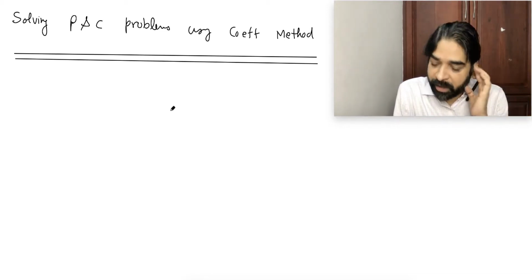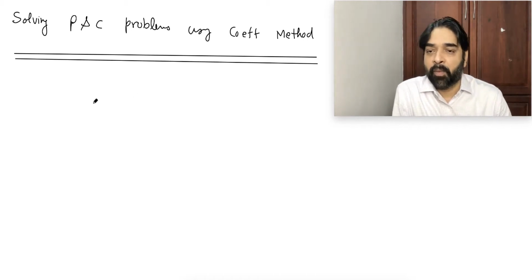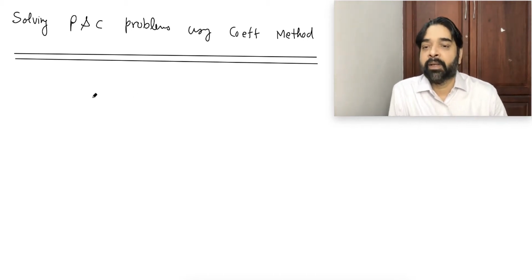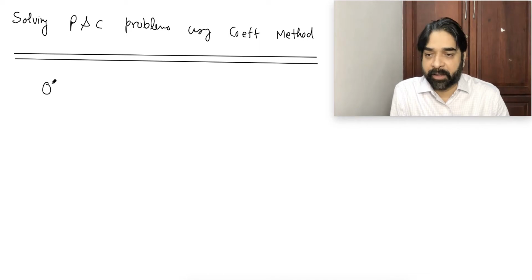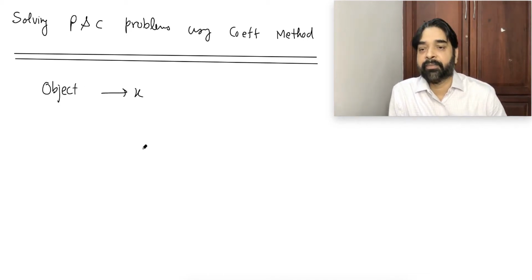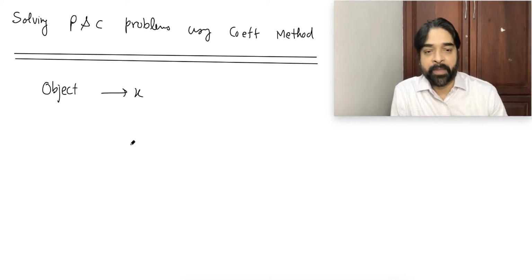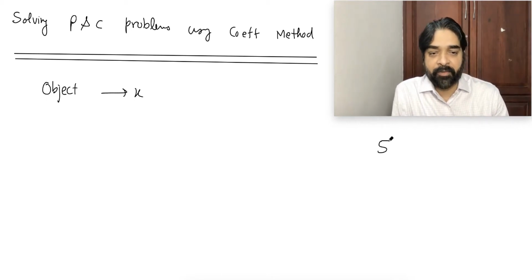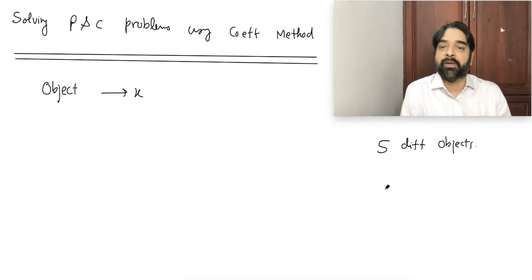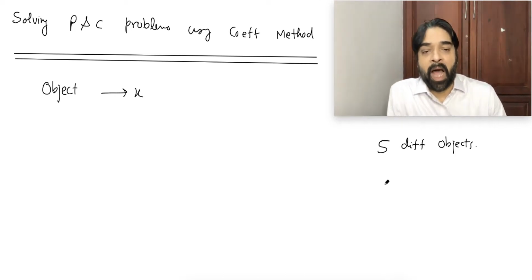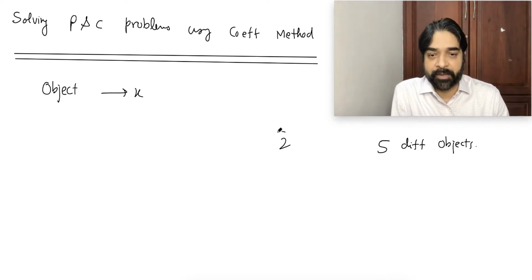So what we do, every object we call as an x. Simply any object, we'll give the name x. For example, suppose there are 5 different objects. Listen very carefully, everybody. 5 different objects, and I want to select 2 objects.